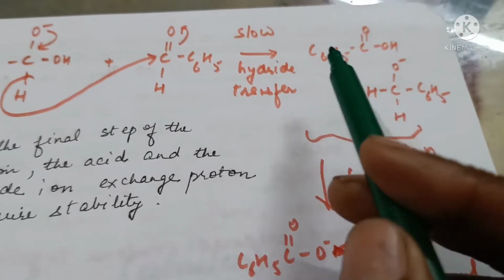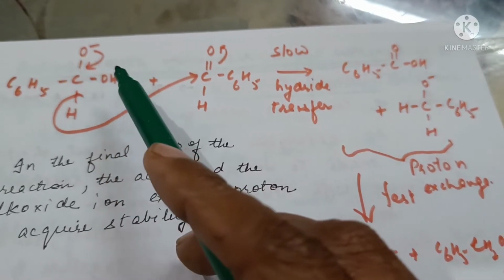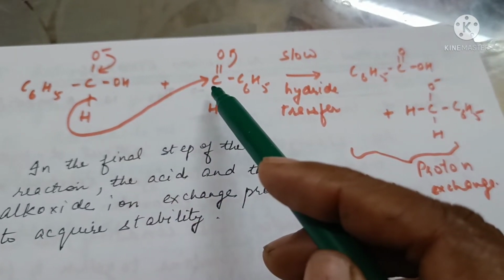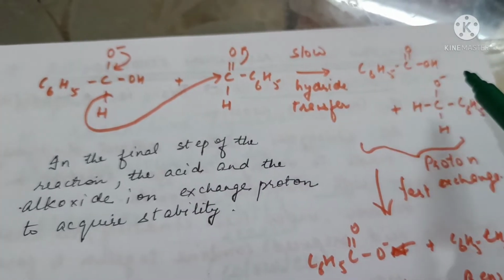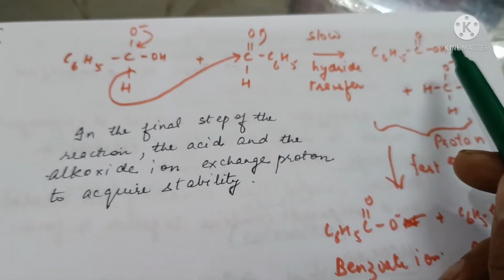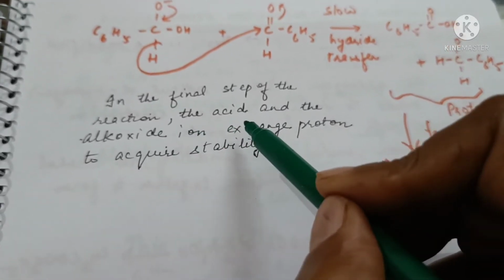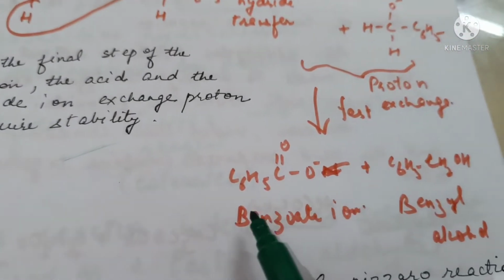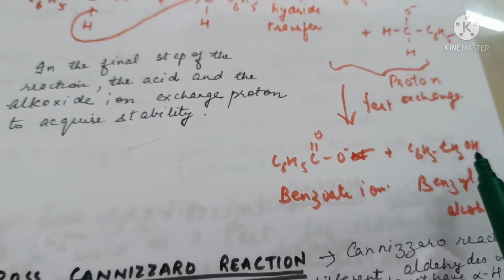Because of hydride transfer, we get C6H5COOH and C6H5CH2O negative. Now, in the final step of the reaction, the protons will be exchanged. Acid and alkoxide ion exchange proton to acquire stability. So we get a benzoate ion and benzyl alcohol.